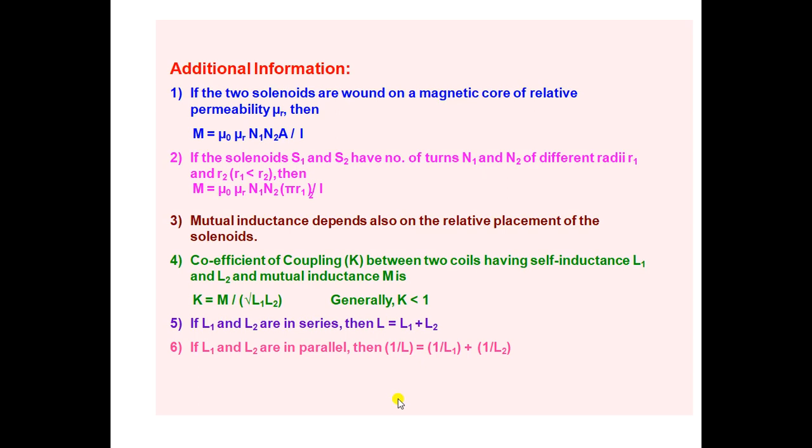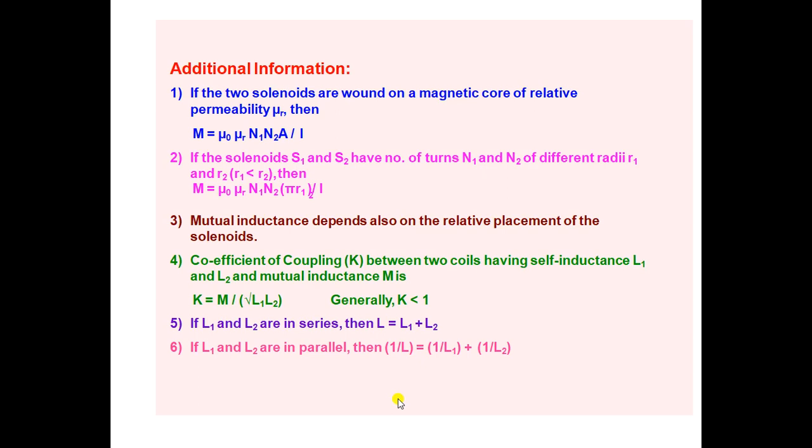The mutual inductance also depends on the relative placements of the solenoids. Next, the coefficient of coupling K. K is the coefficient of coupling between two coils having self inductances L1 and L2 and mutual inductance M: K is equal to M divided by root of L1 into L2.